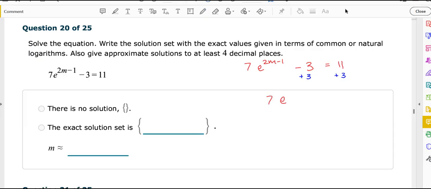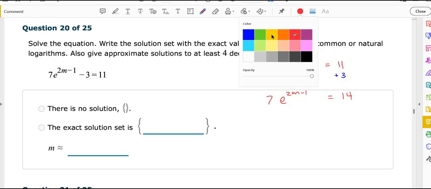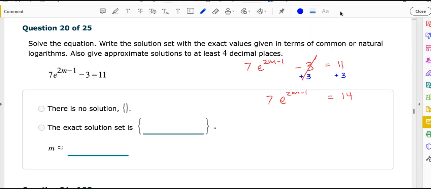The 3's are gone. Okay, next thing, what do I need to do to get the e to the 2m minus 1 by itself? I need to divide by 7 on both sides. So now I have e to the 2m minus 1 equals 2.